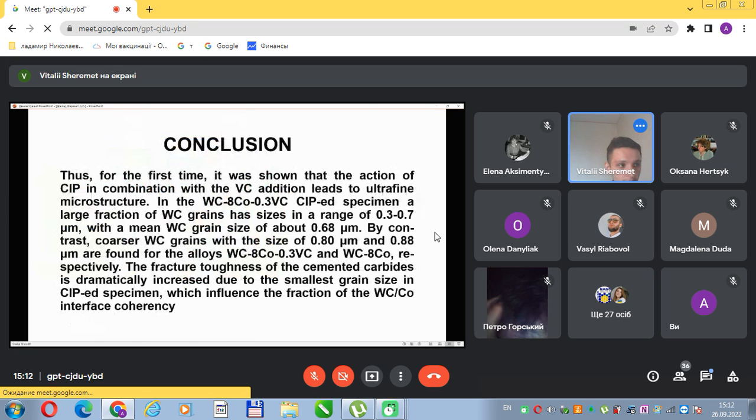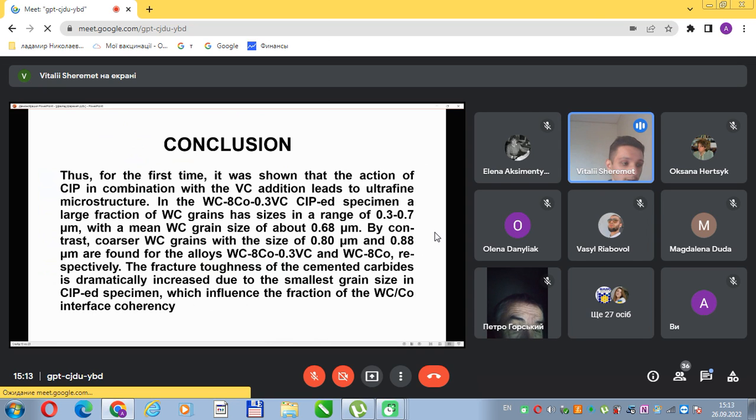Thus, for the first time, as a consequence, it was shown that the action of cold isostatic pressing in combination with the vanadium carbide additive leads to an ultrafine microstructure. In the vanadium carbide containing cold isostatic pressed specimens, a large fraction of tungsten carbide grains has sizes in a range of 0.3 micrometer to 0.7 micrometer, with a mean tungsten carbide grain size of about 0.68 micrometer.